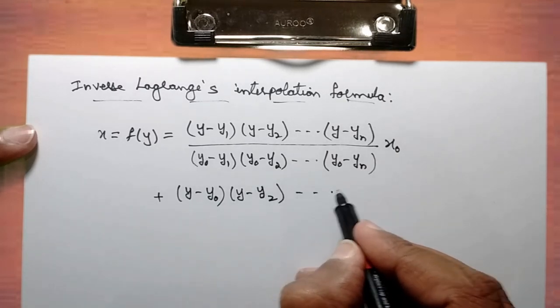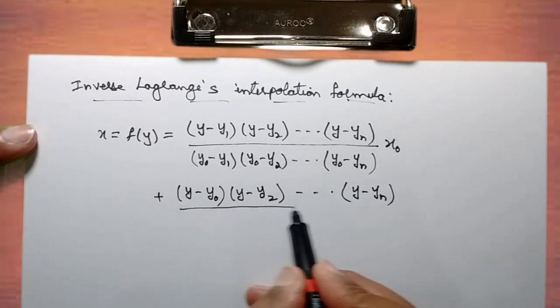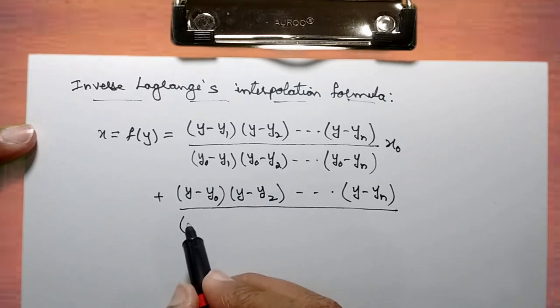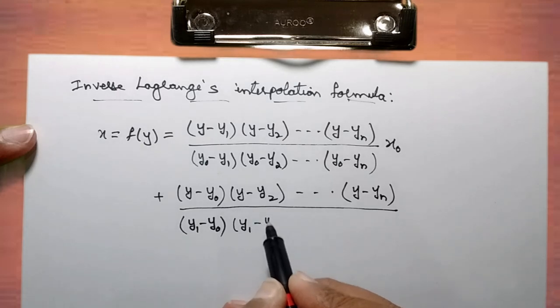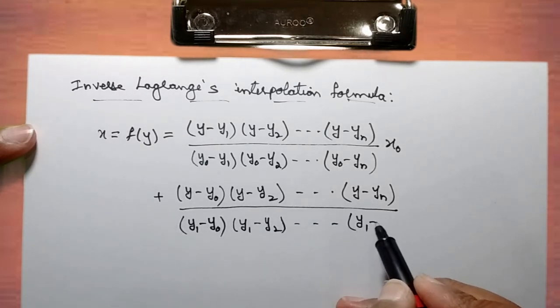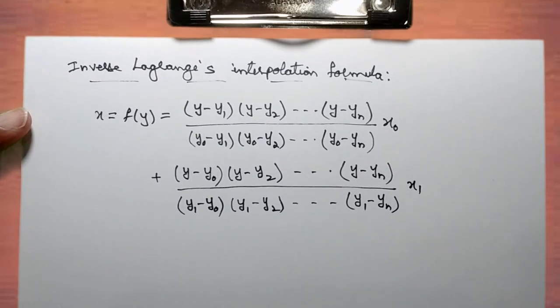You will be writing y minus yn, whole divided by. What is missing over here? y1 is missing. Therefore, in place of y, you will be writing y1: y1 minus y0, y1 minus y2, and so on, y1 minus yn. The corresponding value of x will be x1.